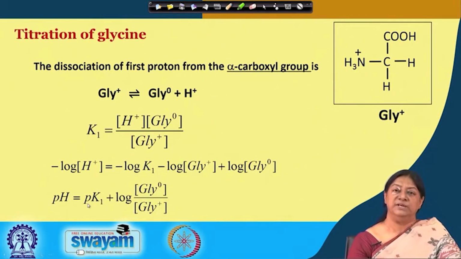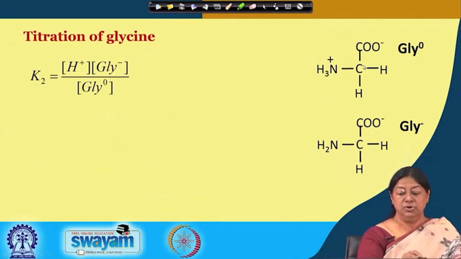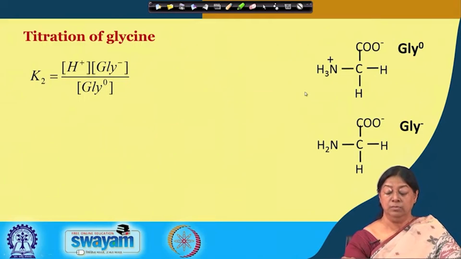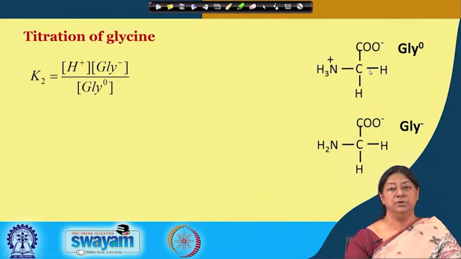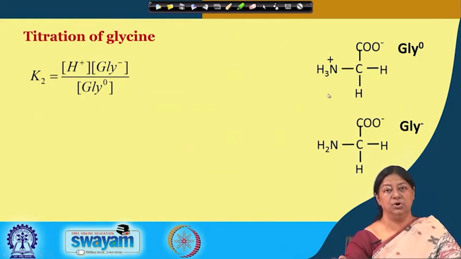If we continue the titration, we will reach a point where the proton associated with the NH3 plus will now be lost. So, now we have Gly0. As we continue the titration, we reach a point when all of the protons associated with the carboxyl group have been lost, and an increase in OH minus concentration is going to result in a loss of the proton from the NH3 plus, which will go to NH2.